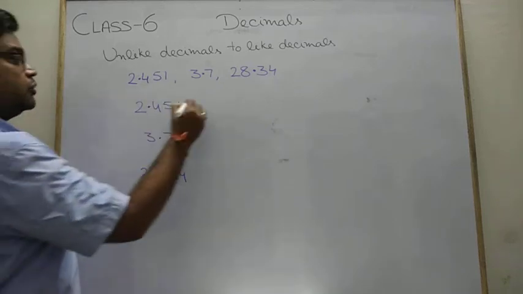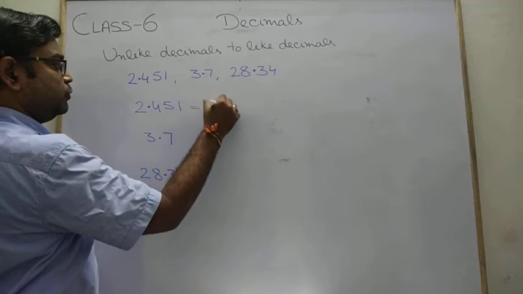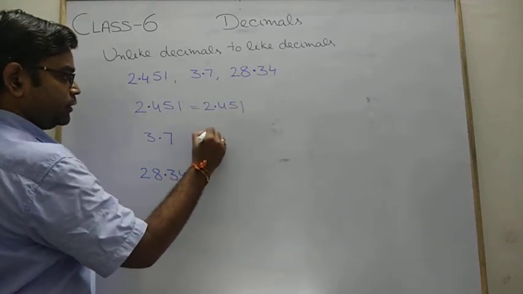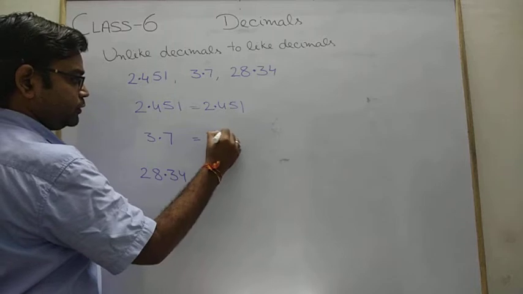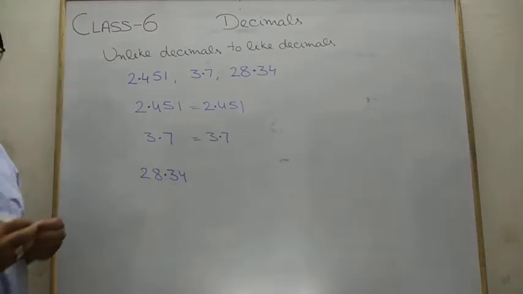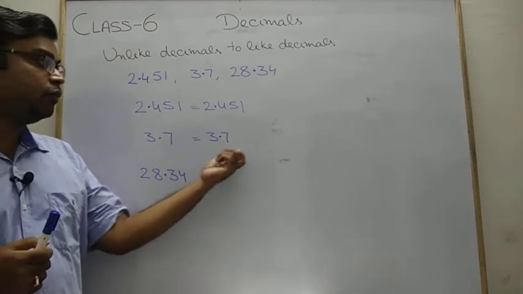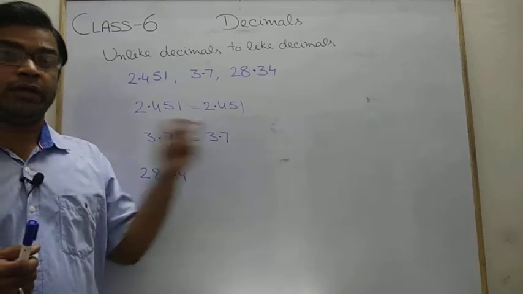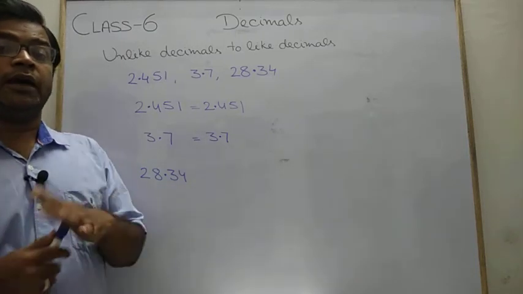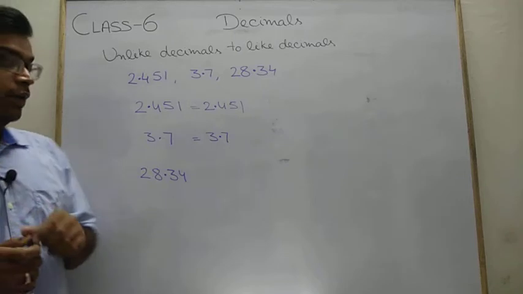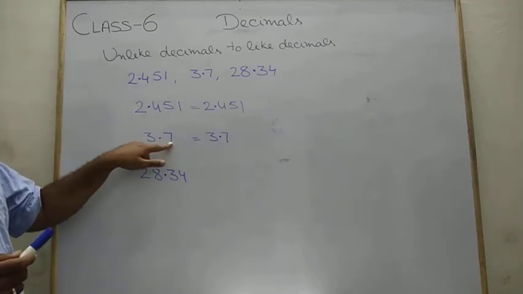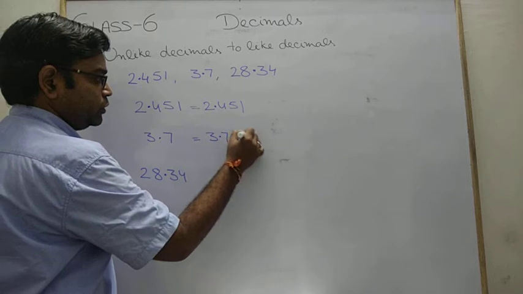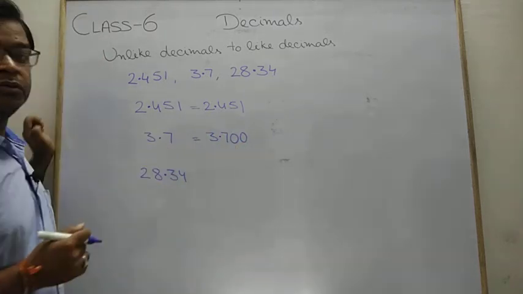How do we change? We can write 2.451 as it is. We can convert 3.7. Stop. What I told you, that the value of 0 is meaningless after the decimal. It means if we are writing 3.7, this value is the same as if we use 2 more zeros, 3.700.